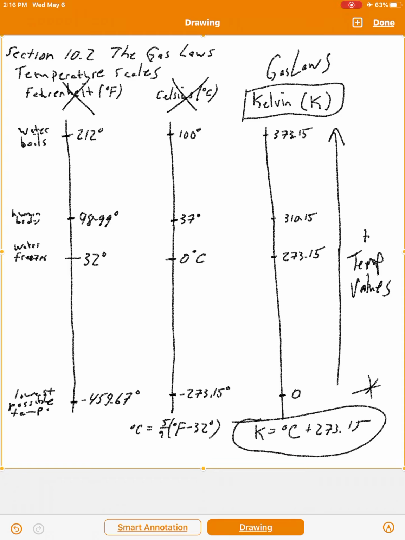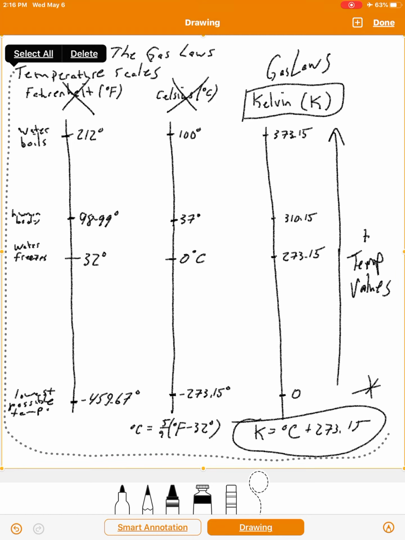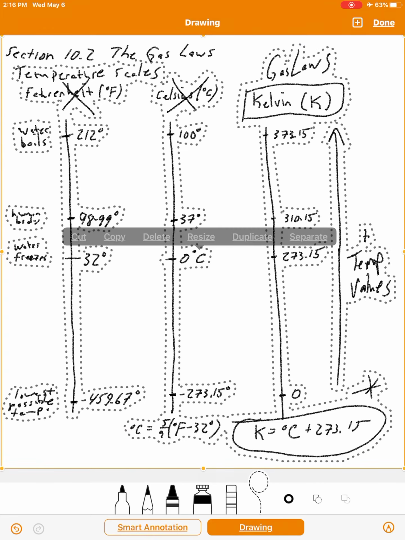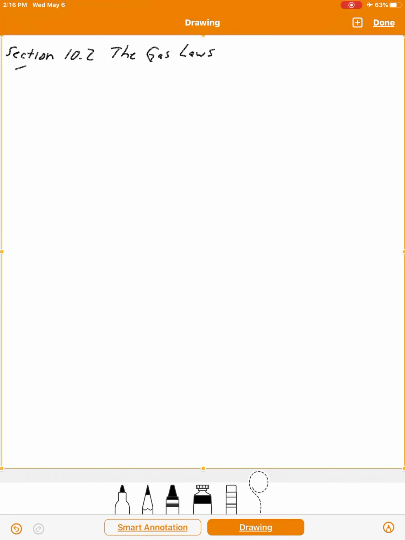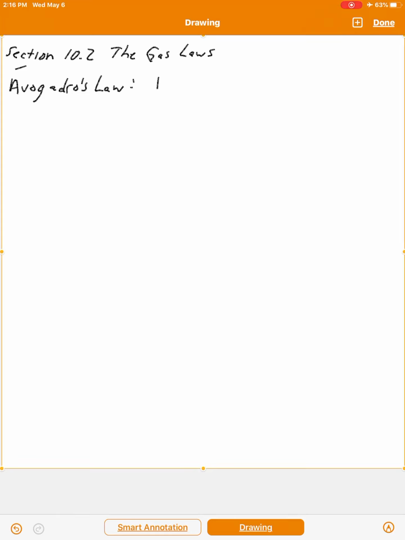Okay? So the third relationship that we want to talk about is called Avogadro's relation, or Avogadro's law. So we'll call it Avogadro's law. And this is the volume-moles relationship.